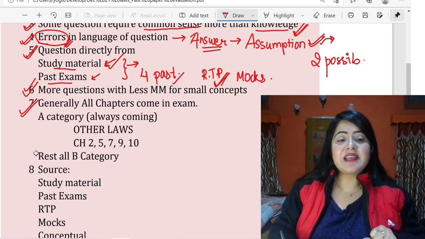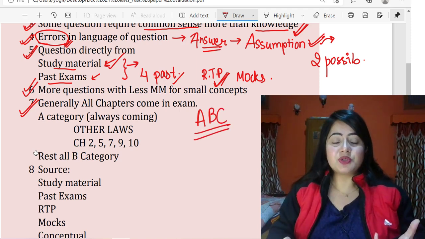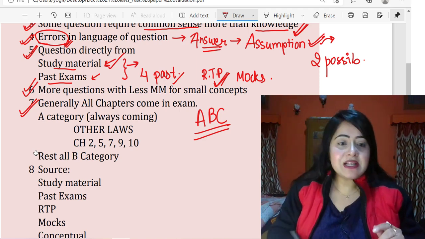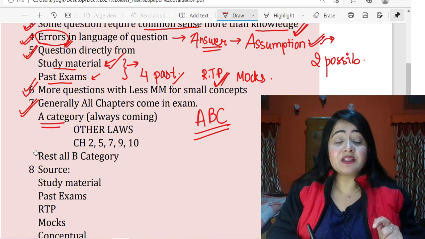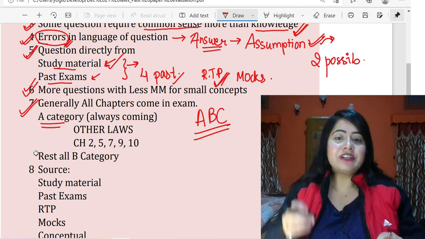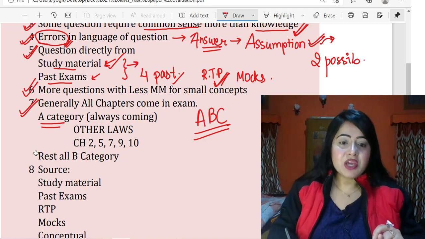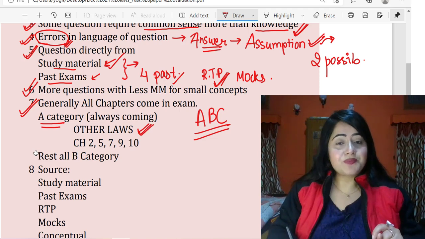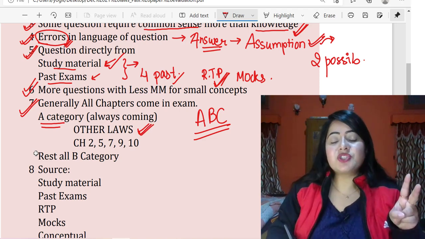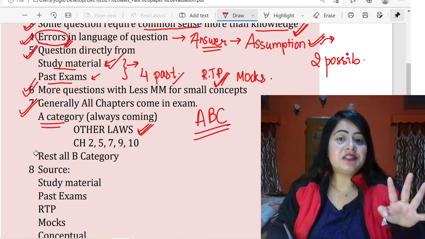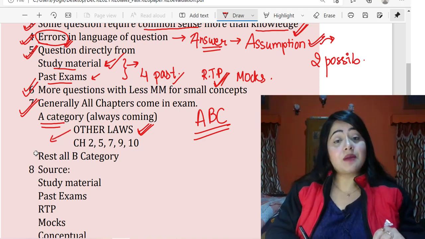Next important thing is actually your ABC category of chapters. As we have discussed, every single chapter comes in the examination broadly every single attempt. But if we still have to categorize some chapters as A category chapters, these are the chapters that definitely come in the examination every single time. So now all the chapters from other laws, that is your Contract Act, Negotiable Instrument Act, General Clause Act, and Interpretation of Statute, they always come in the examination.